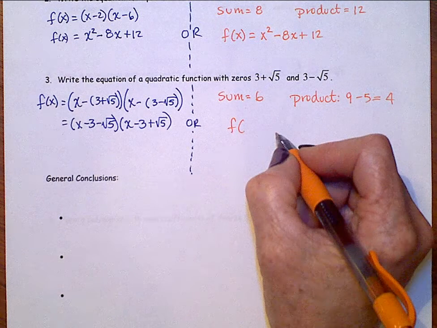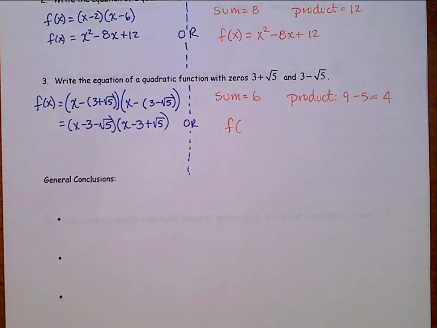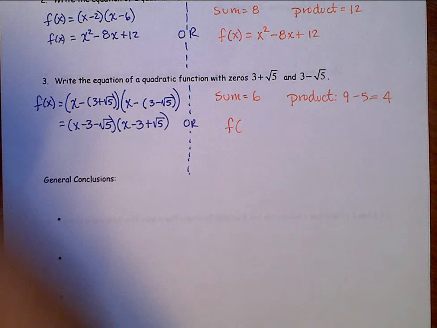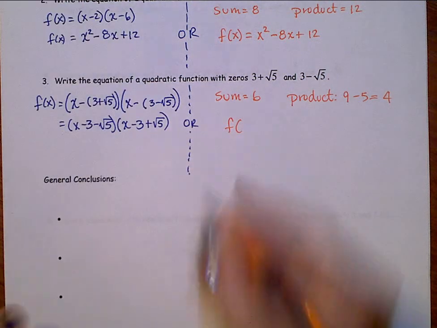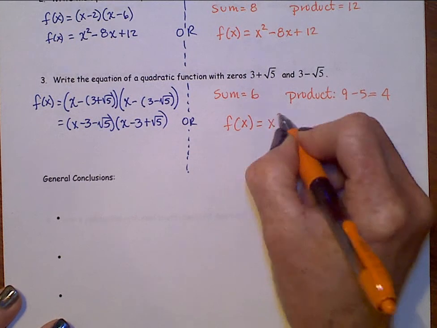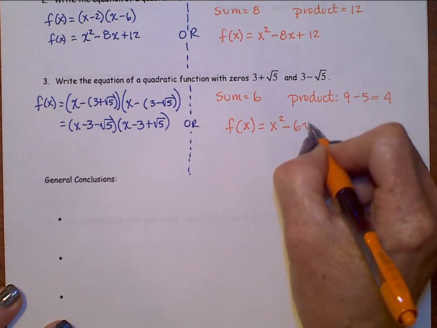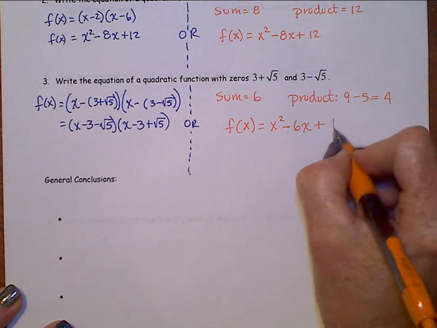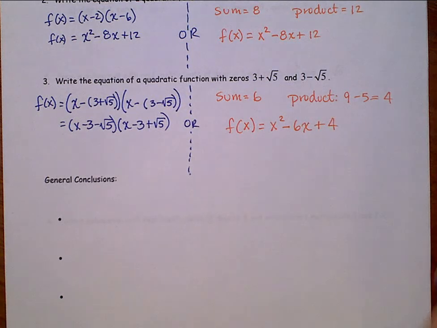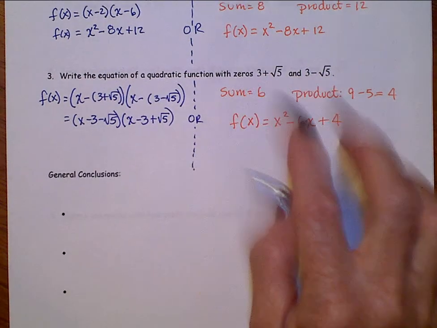Oh my goodness, I'm so sorry. F of x equals x squared minus the sum 6x plus the product plus 4. Yay, done. See how much nicer that way is? For harder zeros, this way is tons easier.